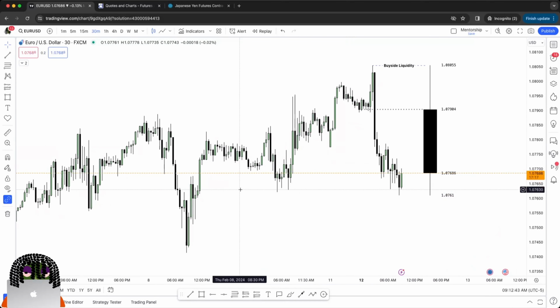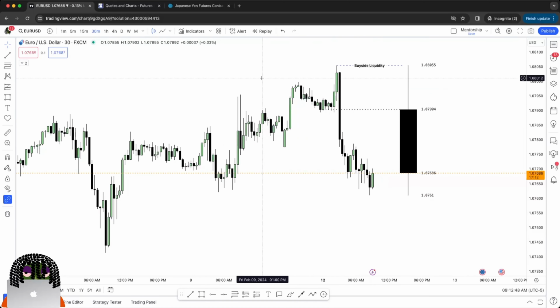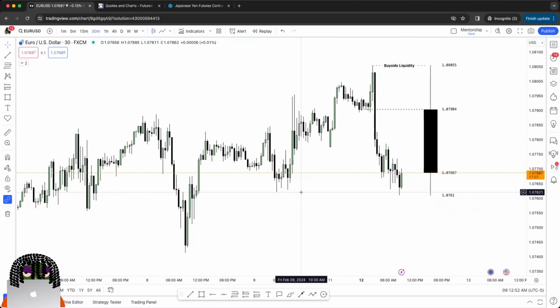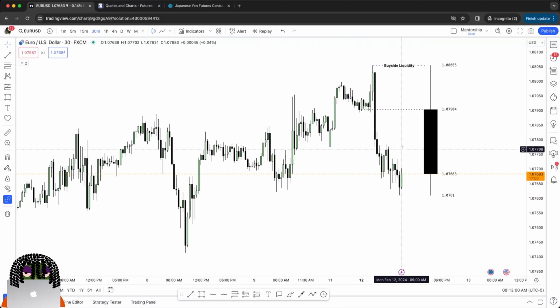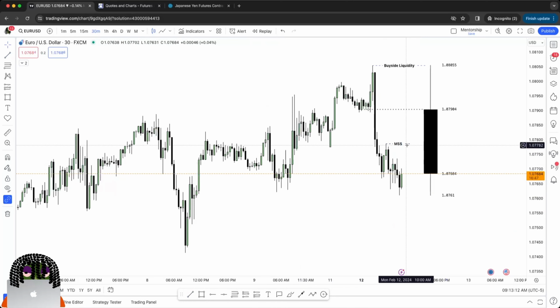So this has a clear target right here, and take liquidity here, and you just got waiting until it expands up above here. This will be where I would consider it to be a market structure shift, and it all depends on the candle. So let's go back here.